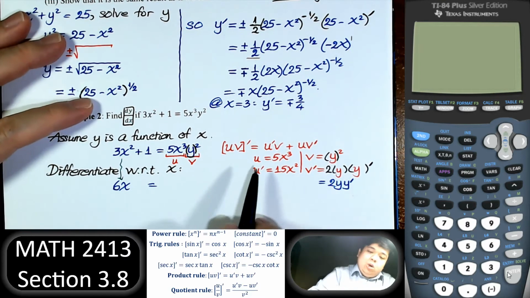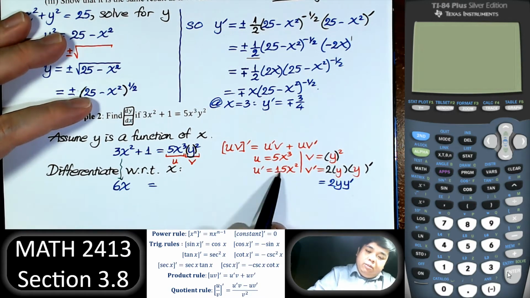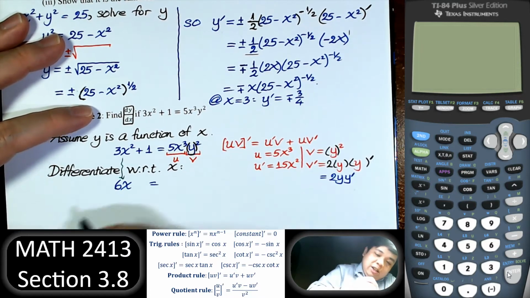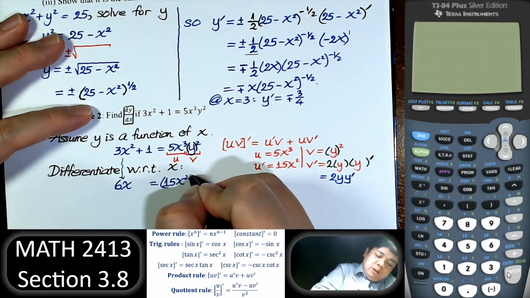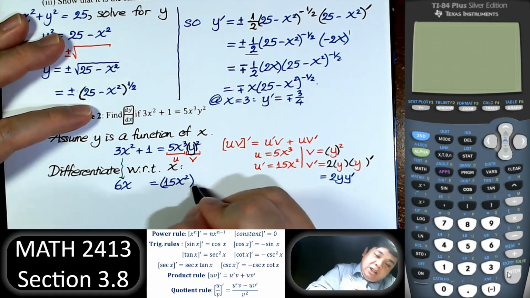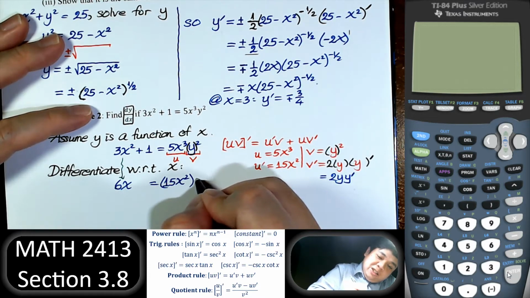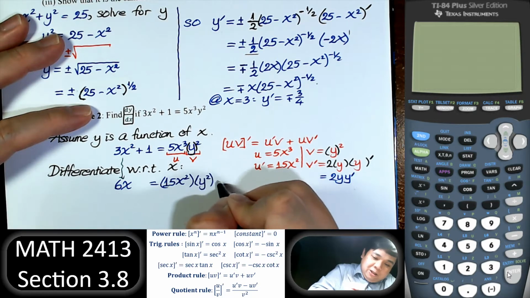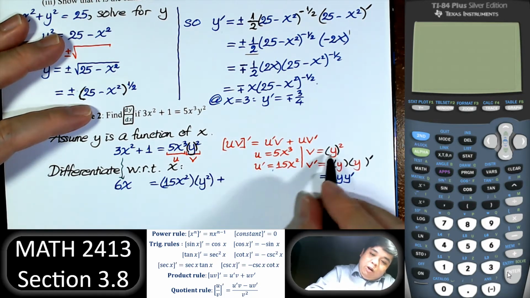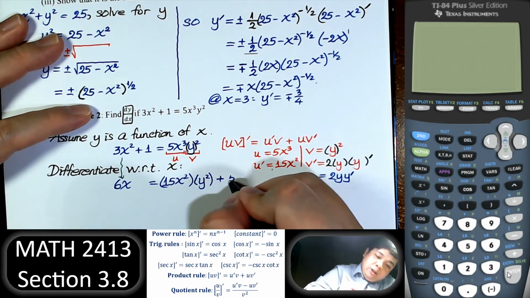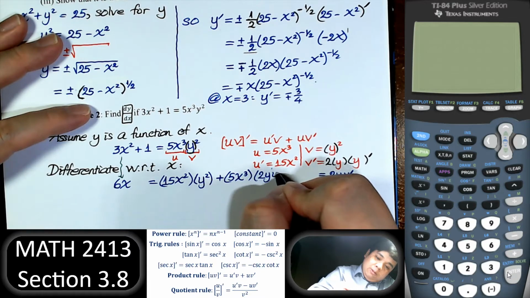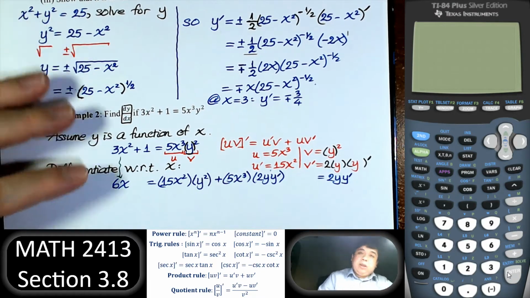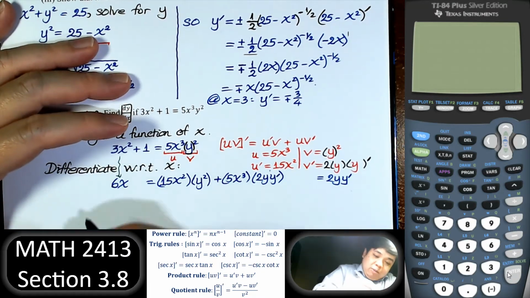Right. So u prime v plus u v prime. Right, multiply them out.